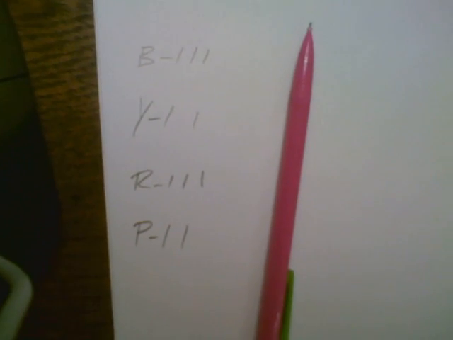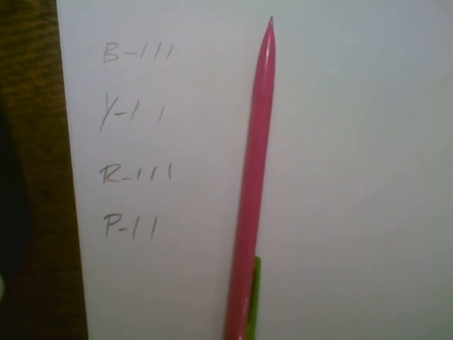So 1 out of 10 is our theoretical probability of purple. 2 out of 10, or 1 out of 5, is the theoretical probability for blue. 3 out of 10 is the probability for red, or 2 out of 5, or 4 out of 10 is the theoretical probability for yellow. However, what we did right here, write this down, is our tallies for how many we have.